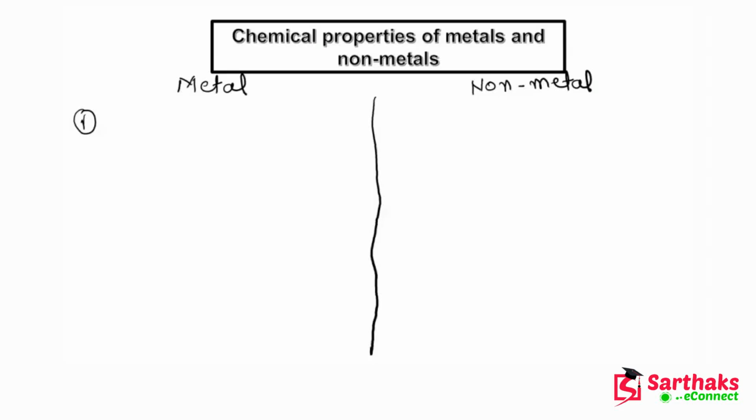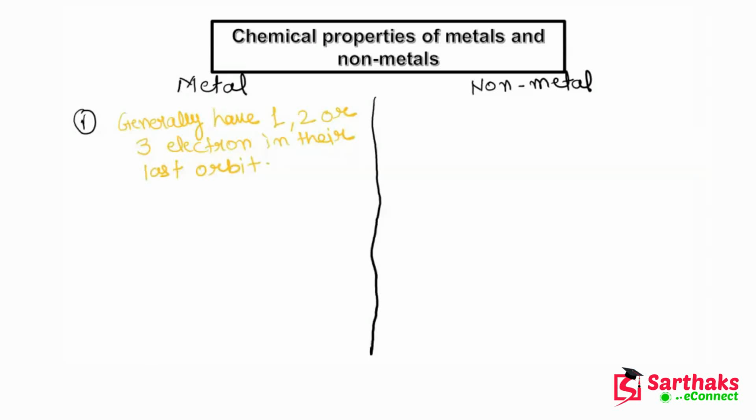The first chemical property of metal is that they generally have 1, 2 or 3 electrons in their last orbit. Or you can also say that they have 1, 2 or 3 valence electrons.